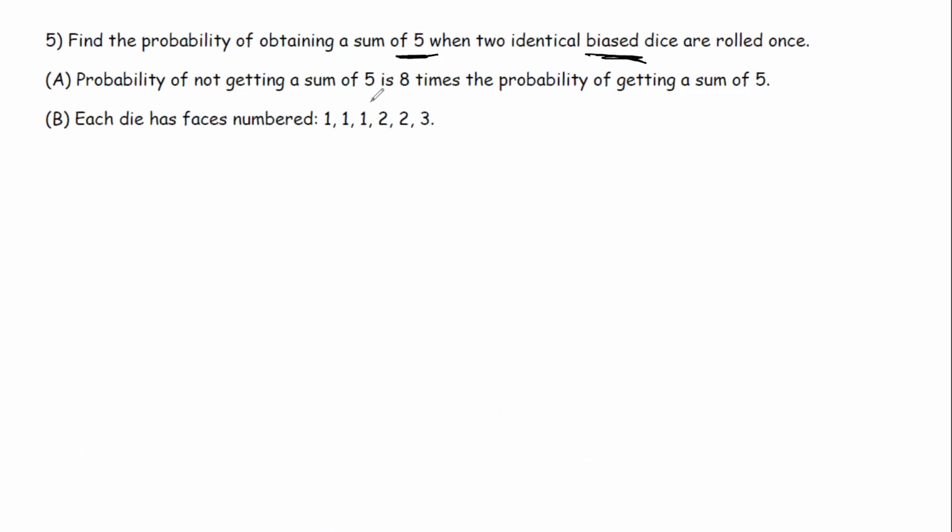The probability of not getting a sum of 5 is 8 times the probability of getting a sum of 5. We know that the probability of an event to occur plus the probability of that event not to occur is equal to 1.